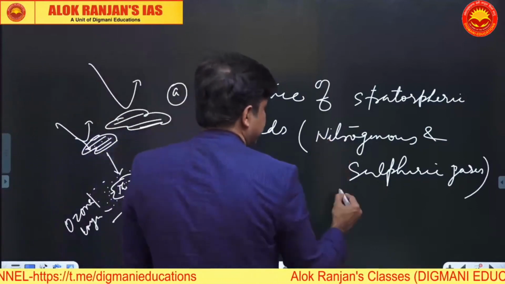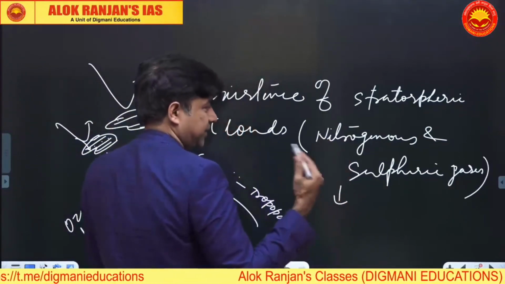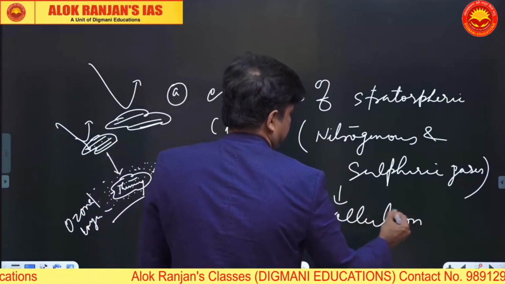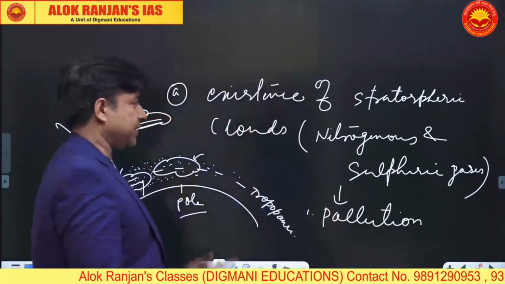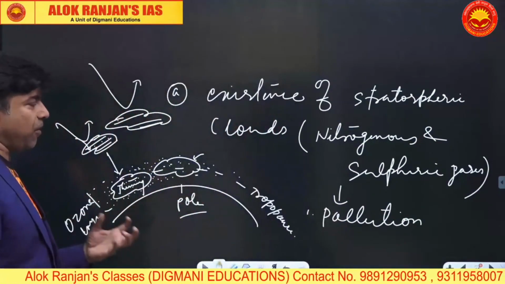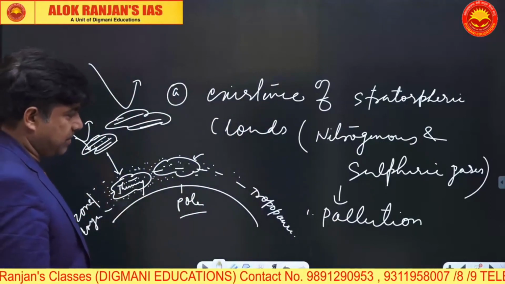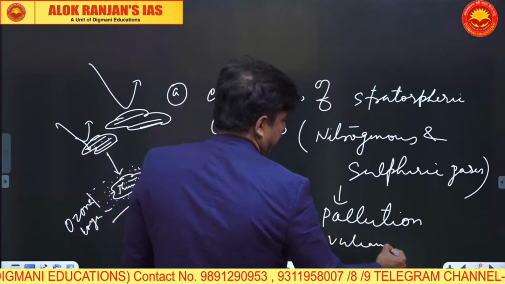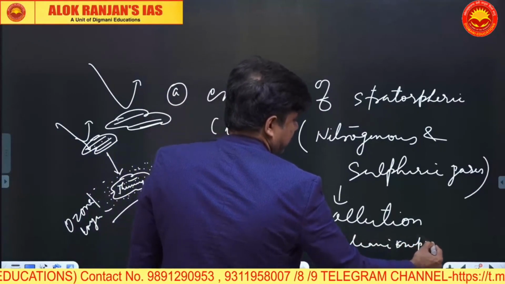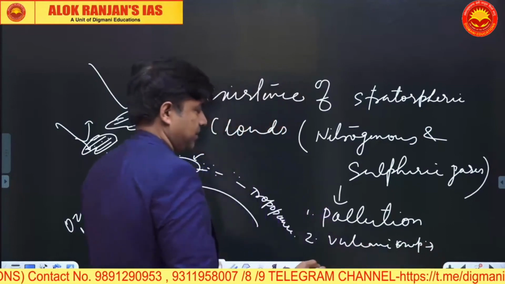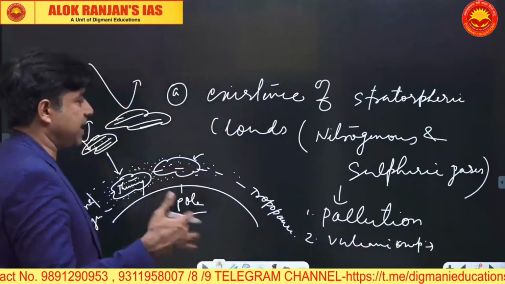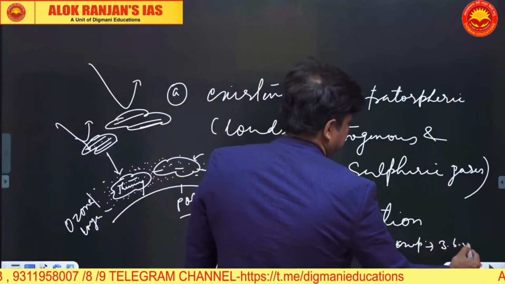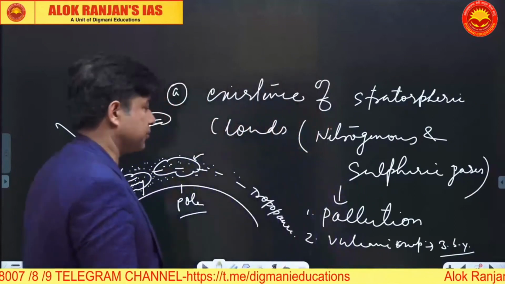Write, these gases or these clouds either have been formed by pollution or by volcanic eruption. Volcanic eruption during Precambrian, during 2 to 3 billion years.